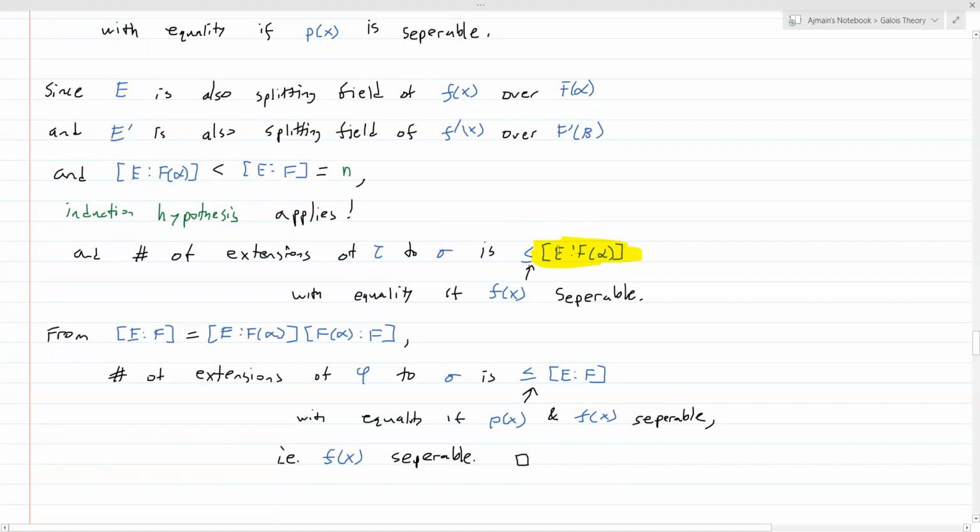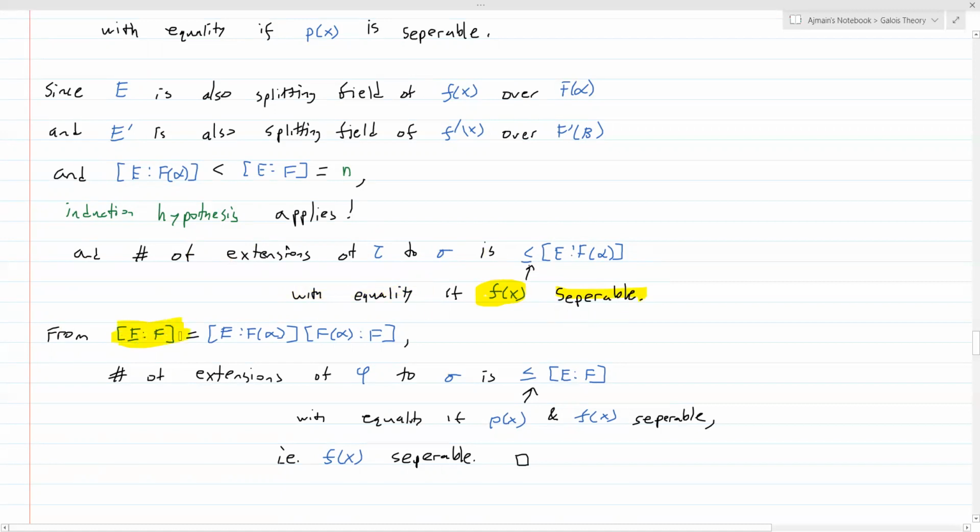So the degree of E over F adjoint alpha. And it's also equal when the polynomial f of x is separable.